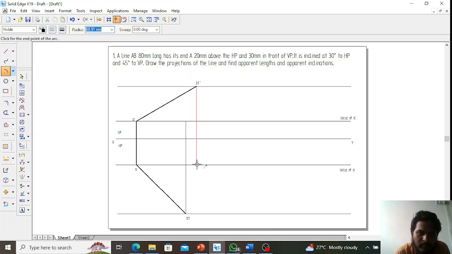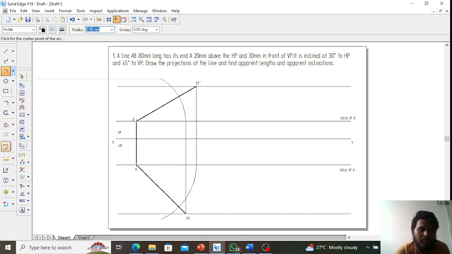Take this point and cut an arc. Same, we'll take this point A1 A dash up to the projection from B1 and then take this point and cut an arc on this locus. Okay, right?